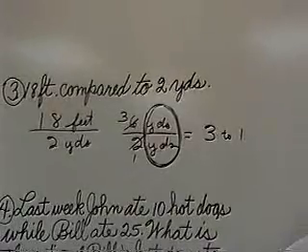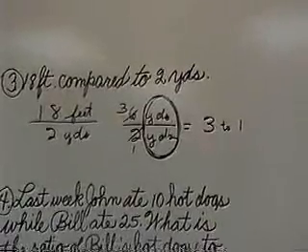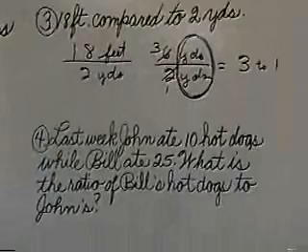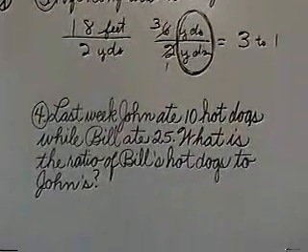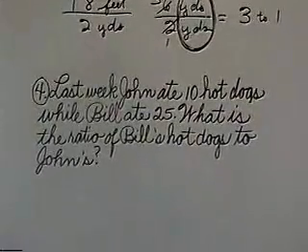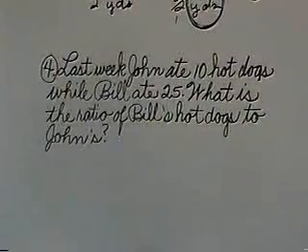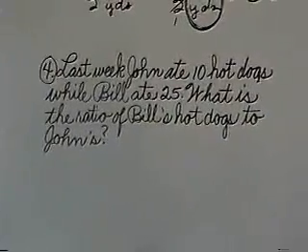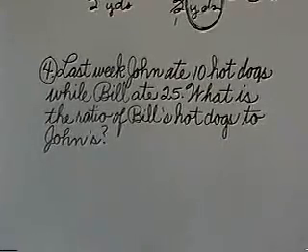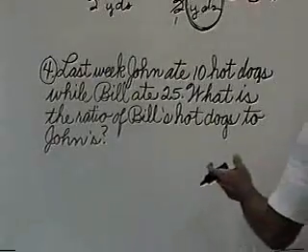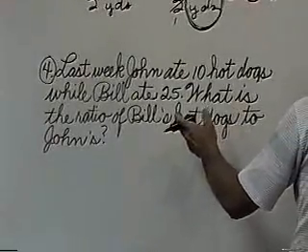Okay, let's look at number 4. Looking at words now in a sentence, and it said, last week, John ate 10 hot dogs while Bill ate 25. What is the ratio of Bill's hot dogs to John's? Now, wait a minute. You got to read the sentence, and not just slap down numbers again.